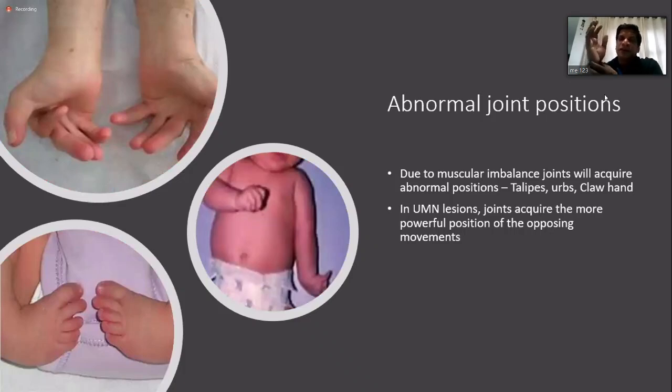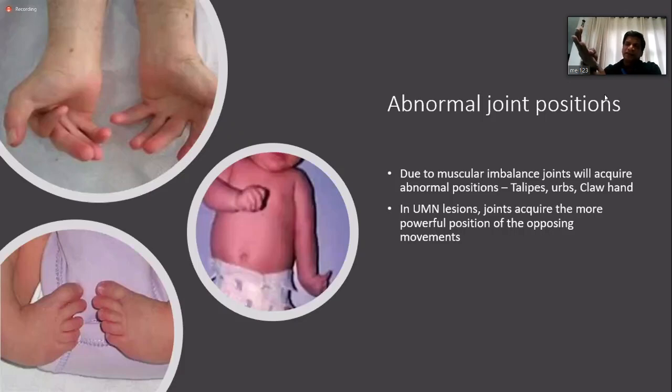At each joint, there are movements that take place in opposite directions. Listen to this carefully. Say the wrist joint: there is flexion and extension, and adduction and abduction. At the elbow you get extension and flexion. And in the fingers, you get flexion and extension, and for the thumb, abduction and adduction.